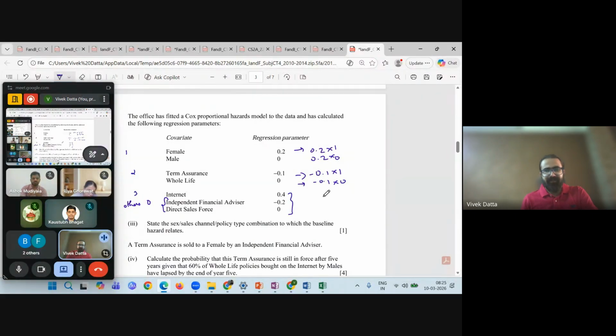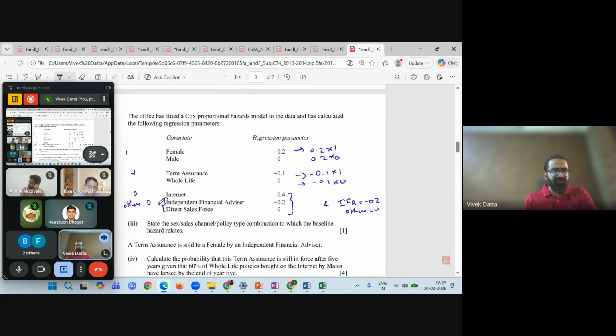Created a fourth one that said IFA equal to minus 0.2 and others 0. Understood how I would split? Yes. So if the person says, okay, I bought from the direct sales force channel, for him, 3 will also be 0.